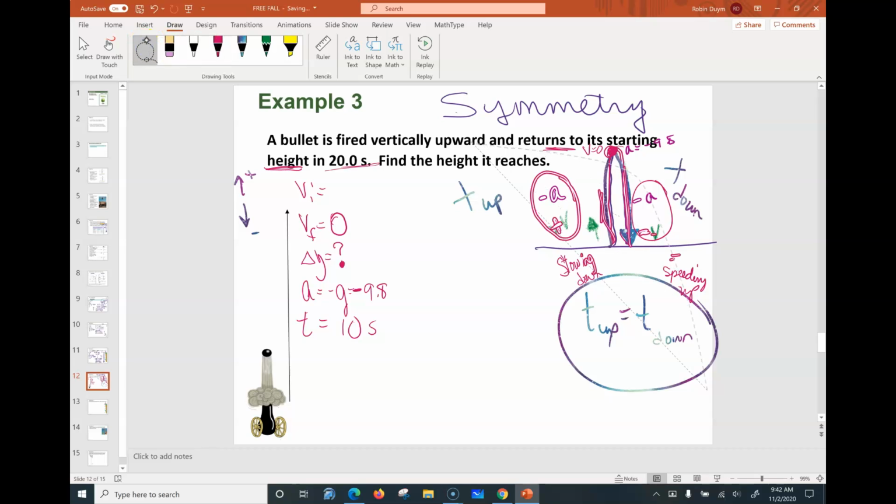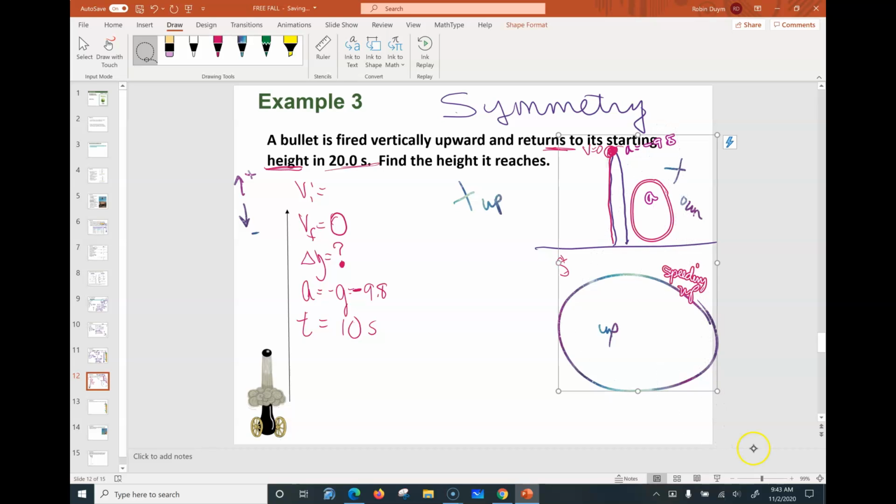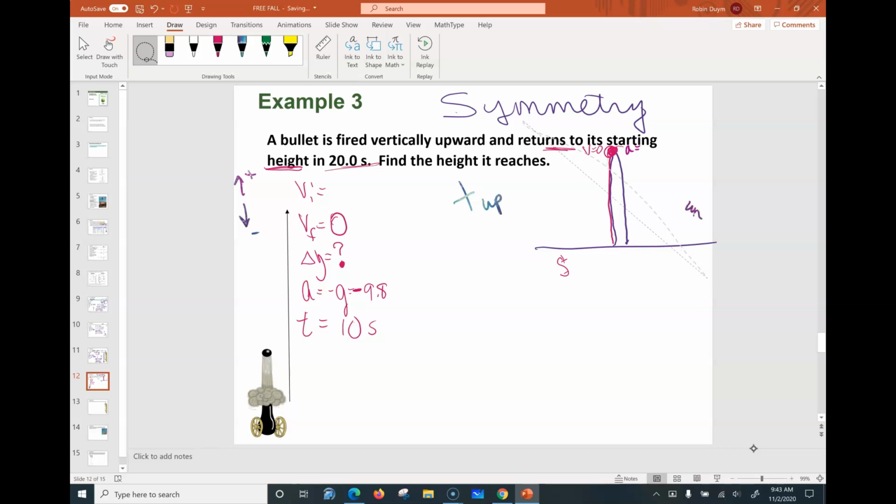And I'm going to get rid of all of this real quick so I have room to write. So first thing you want to do is find your initial velocity. So find an equation.